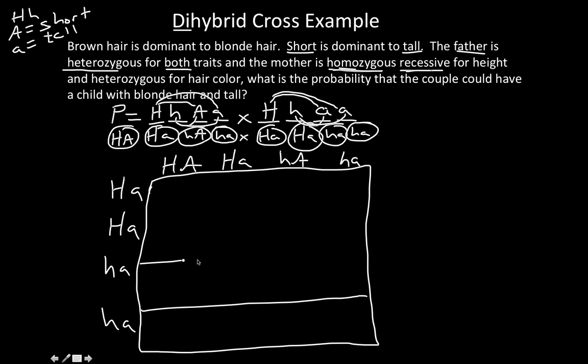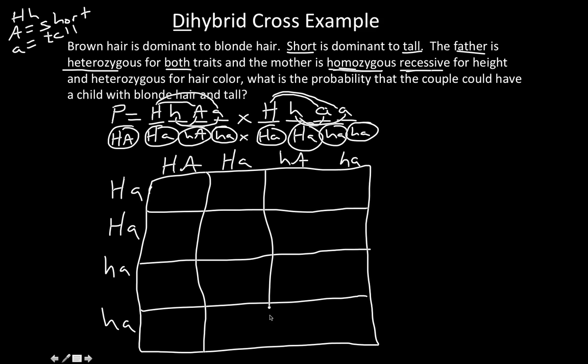And fill in our lines. And now all we got to do is go through and fill in the square. So here, we started the whole thing out with H's being first, so throughout everything that we do, the H's are going to stay first.